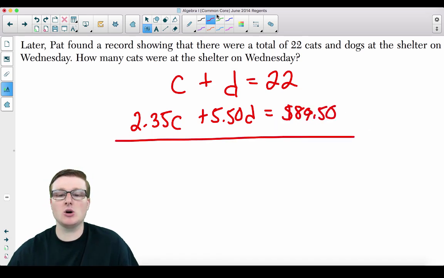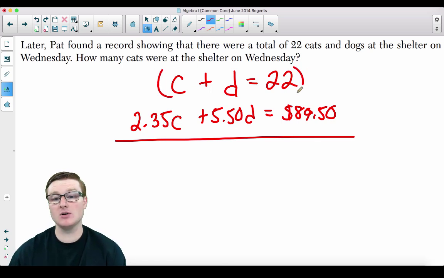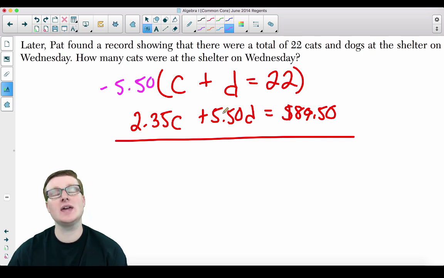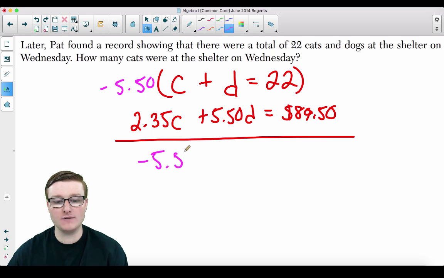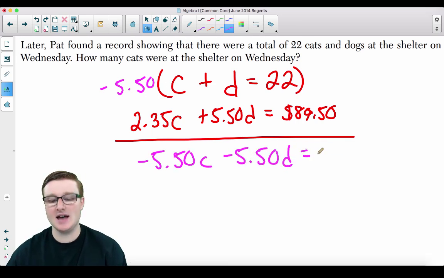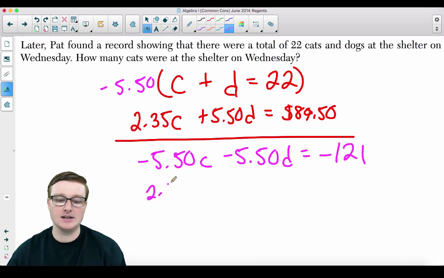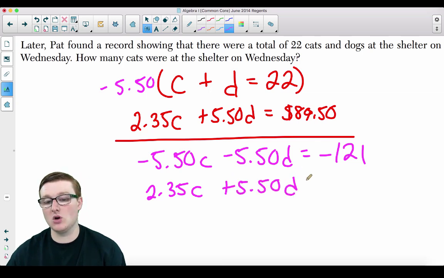So now from here, we're trying to solve for the number of cats. I want to multiply the top by negative 5.50 to cancel out the D's, because I want to solve for C. So we get negative 5.50C minus 5.50D, that is equal to negative 121. And then we're just going to recopy this down here. Goodness, this is a long question.